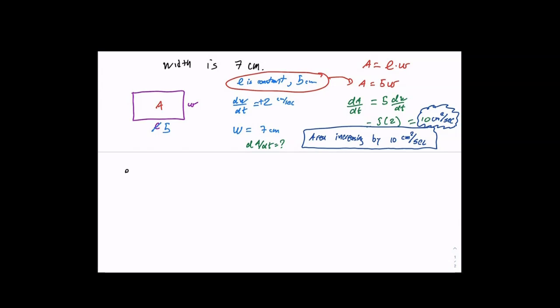All right, then. Example. A 6-meter ladder is leaning against a wall.